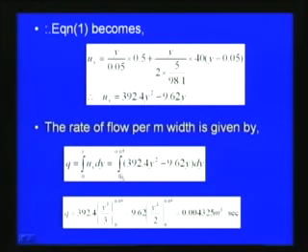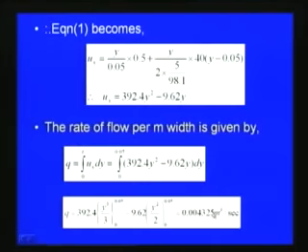So we integrate from 0 to 0.05 the velocity 392.4 y square minus 9.62 y dy. This gives the discharge, the rate of flow per meter width, as 0.004325 cubic meter per second.